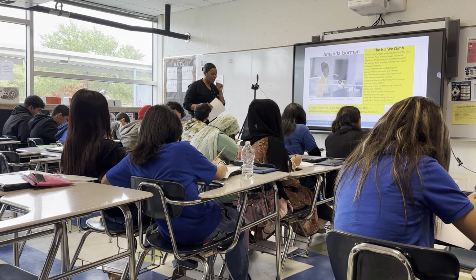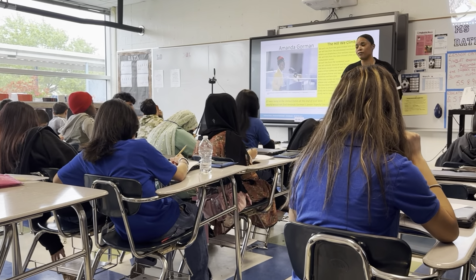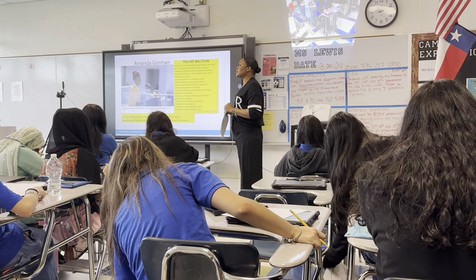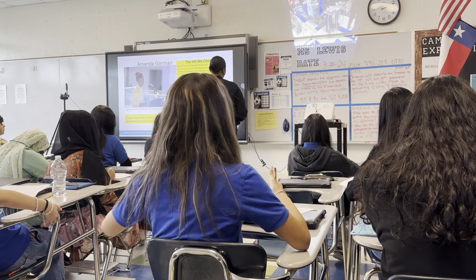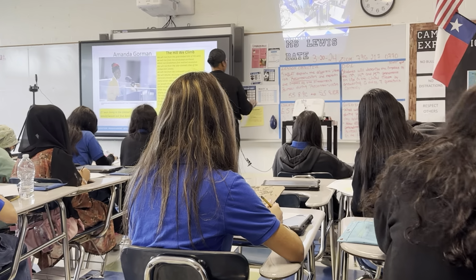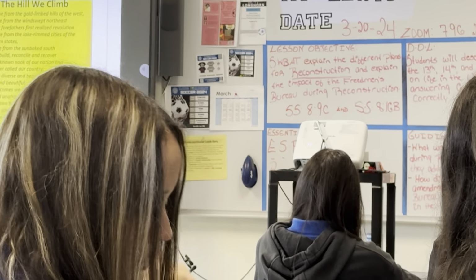All right, take out your whiteboards. This is for everyone, and this is going off of our lesson objective. Explain the different plans for Reconstruction and explain the impacts of the Freedmen's Bureau.